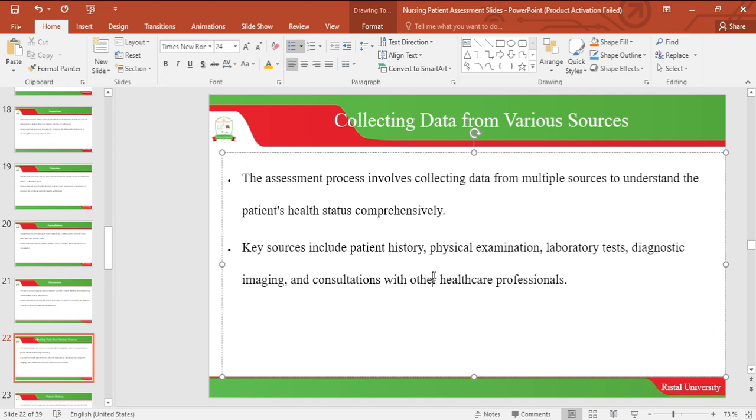The patient will tell you his complaints, and for how long the complaints have been present. Physical examination, this is done by the nurses. Laboratory tests, the patient can be sent for laboratory tests. Then diagnostic imaging, this involves x-rays, and also consultation with other health care professionals.